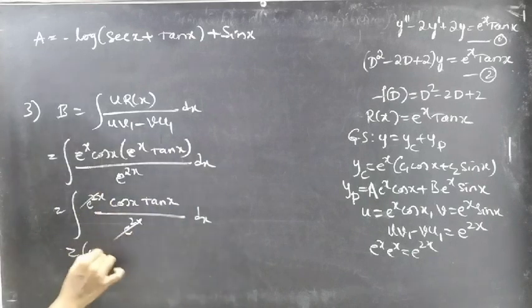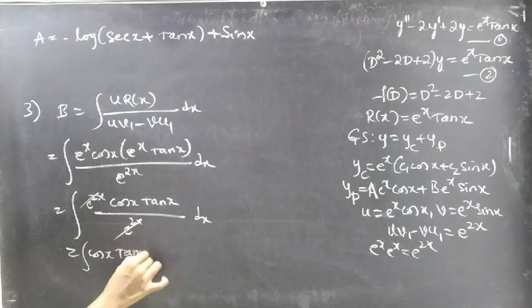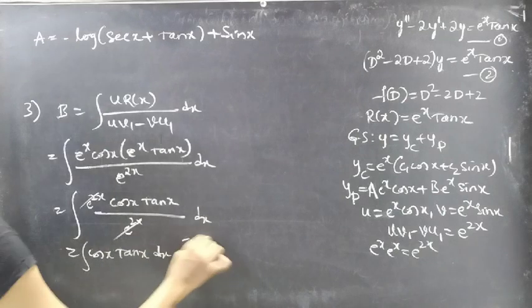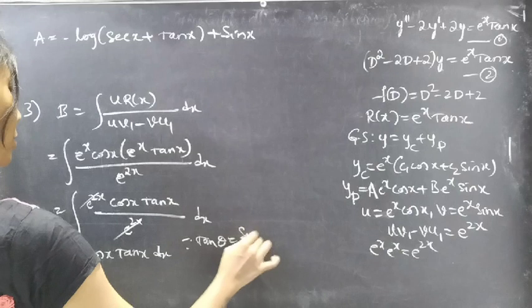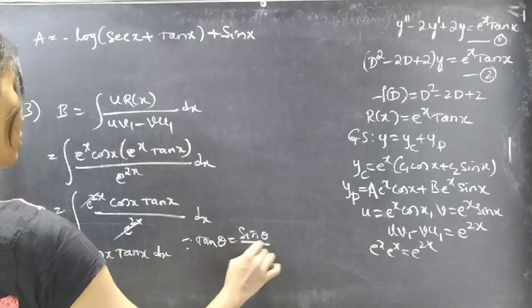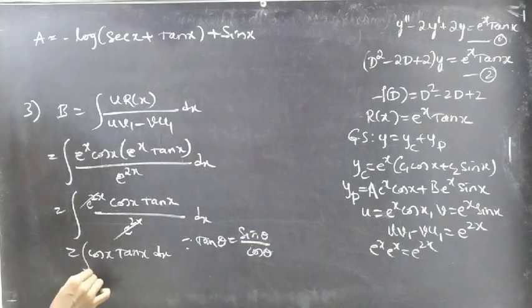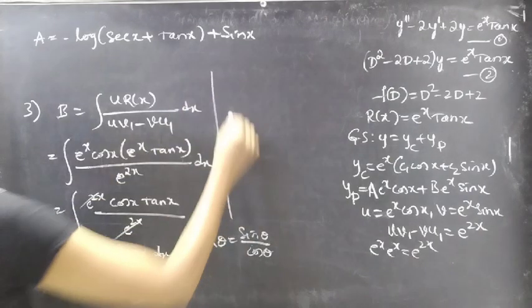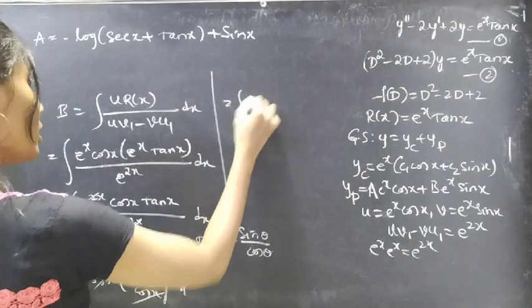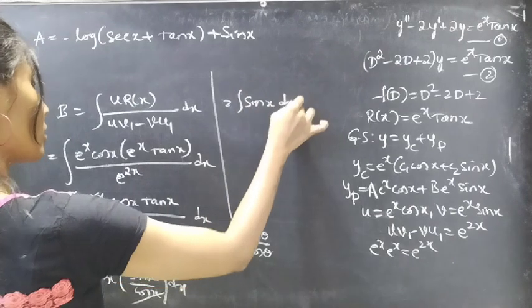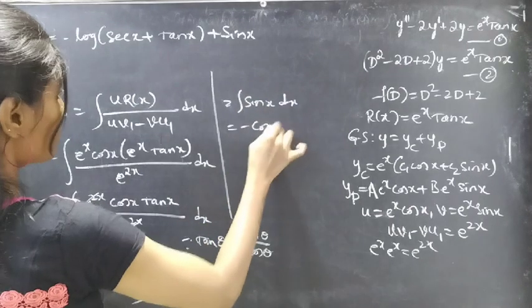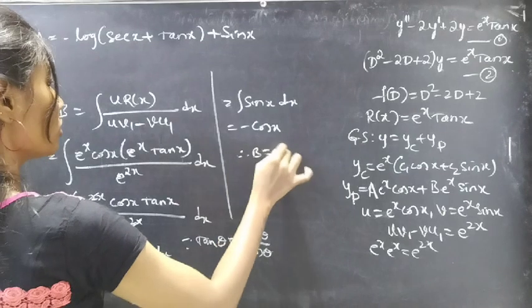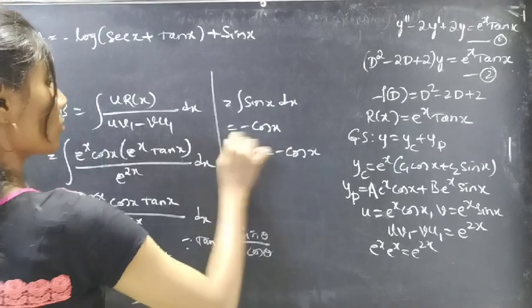This gives us integral cos x into tan x dx. Since tan theta equals sin theta by cos theta, replace tan x by sin x by cos x. So cos x gets cancelled and you'll get integral sin x dx. Since integral sin x dx is minus cos x, therefore b equals minus cos x.